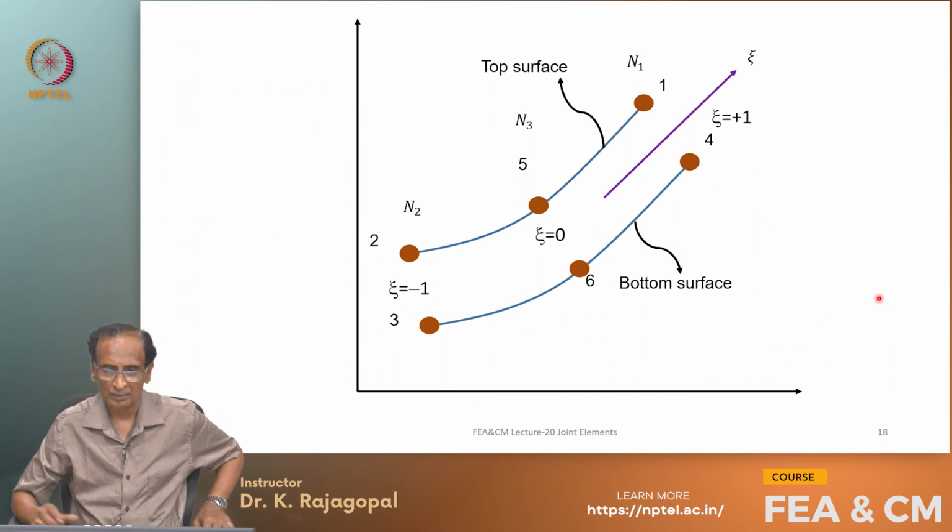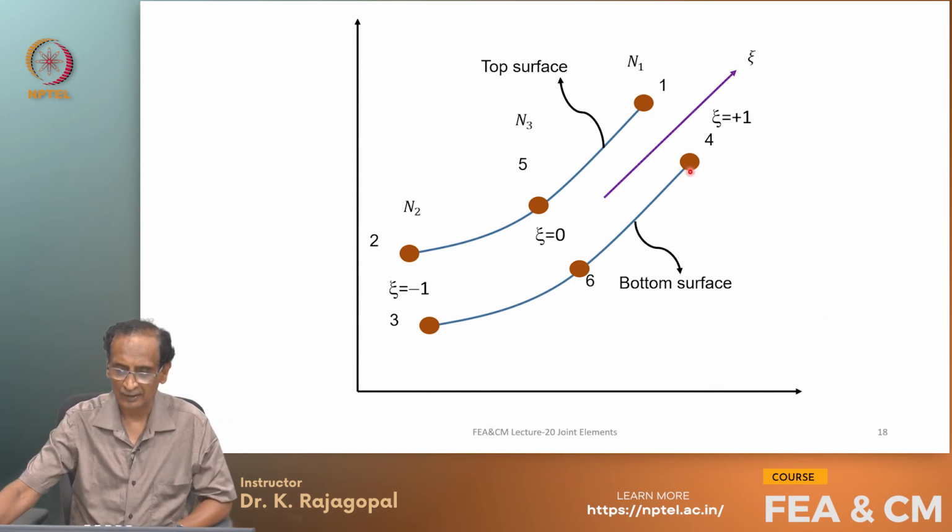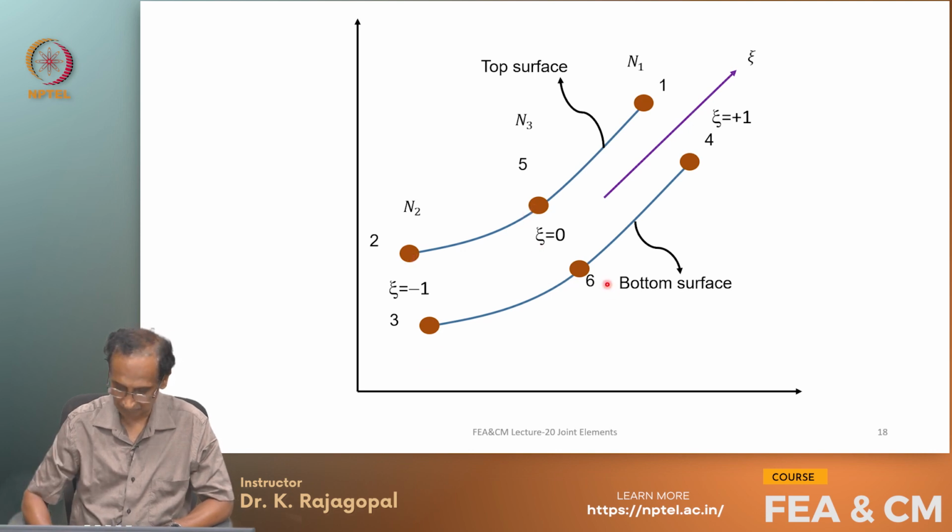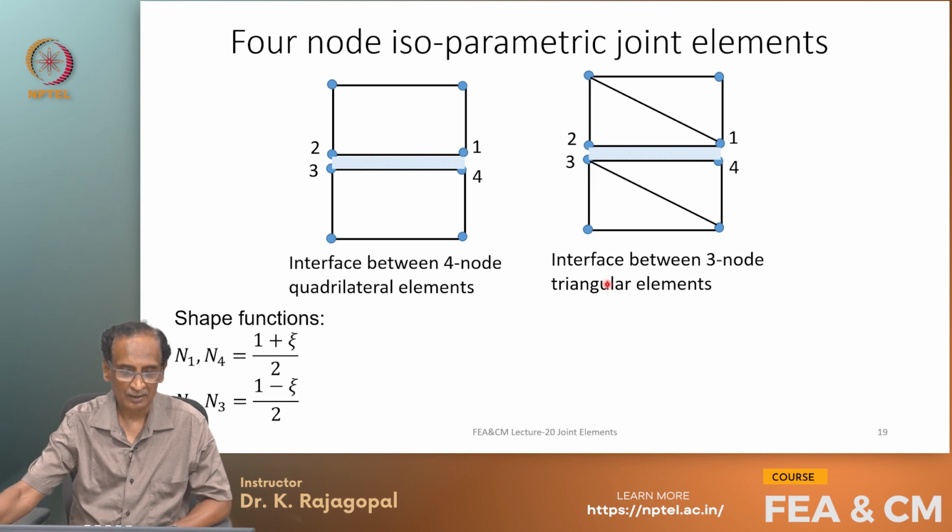And here is a close up. So, xi of +1 refers to nodes 1 and 4, xi of -1 to nodes 2 and 3, and xi of 0 to nodes 5 and 6. When we have a lower order element like a 4-node quadrilateral or a 3-node triangle, we will only have a planar surface, a planar interface.